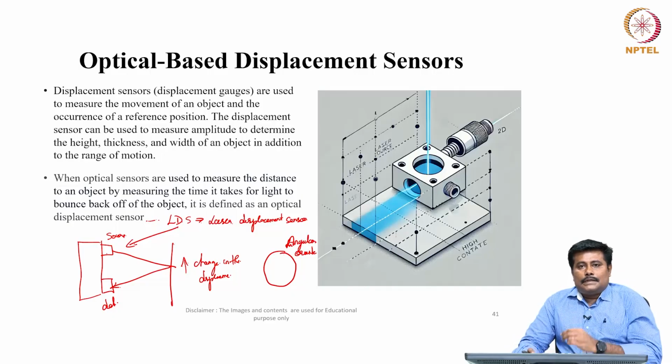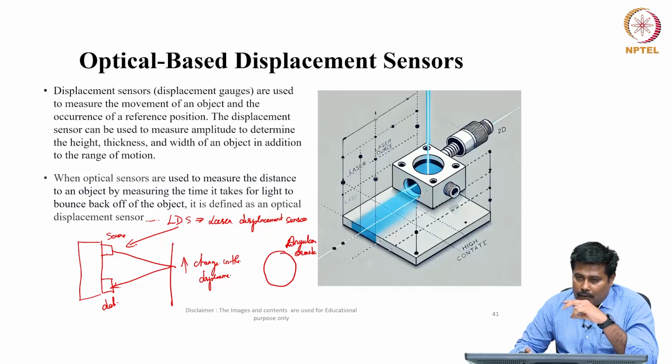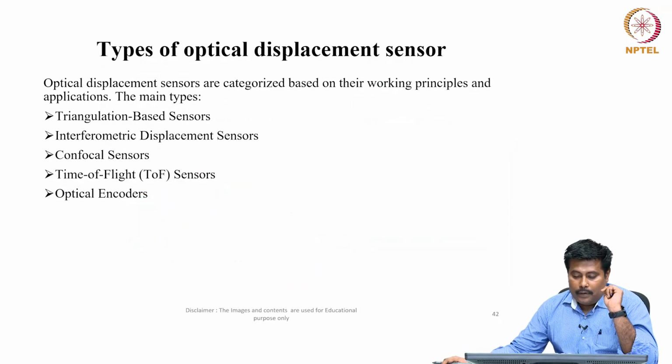These LDS sensors are efficient enough that they can be deployed in any kind of system, and small LDS sensors are also available which can be used for micro displacement or micro analysis.